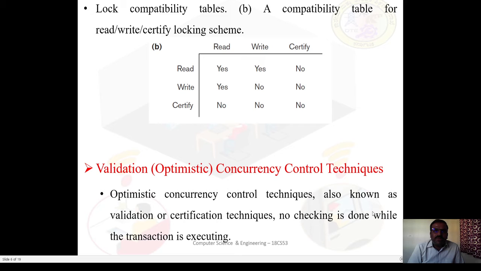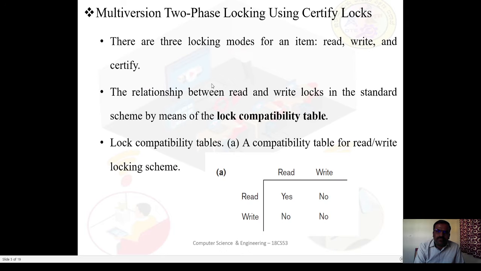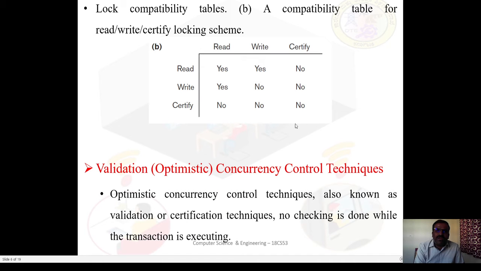On the second table, lock compatibility tables for read, write and certify locking scheme. The first table has only read and write. The second table has three modes: read, write and certify.